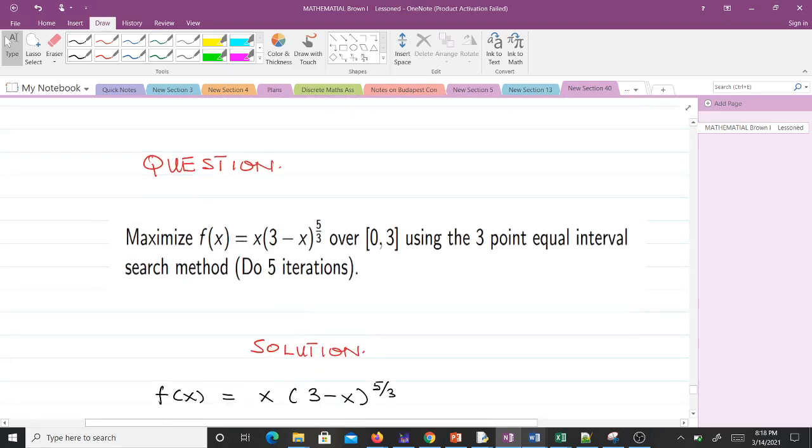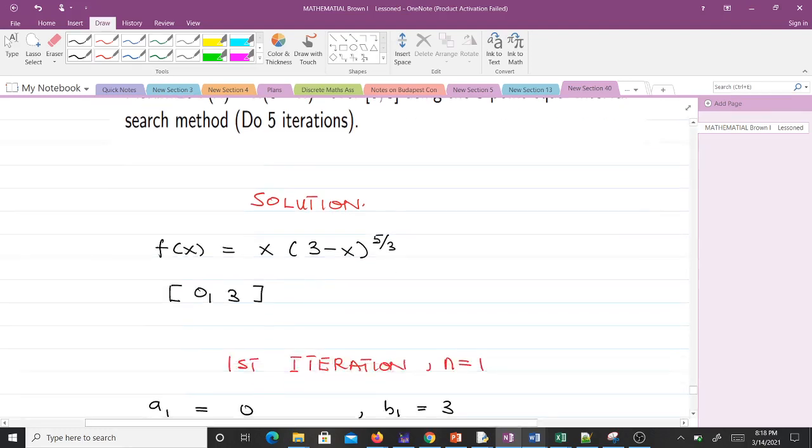So we take a question. The question says maximize f of x equal to x multiplied by 3 minus x, raised to the power 5 over 3, over this interval using the 3-point equal interval search method. And we have to do 5 iterations. So, solution.